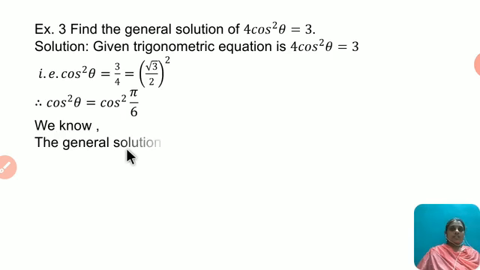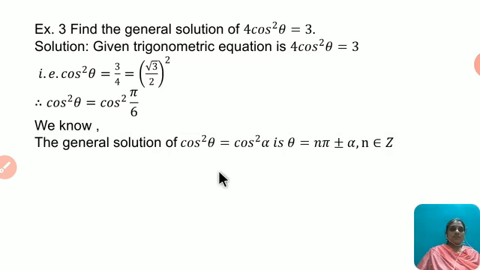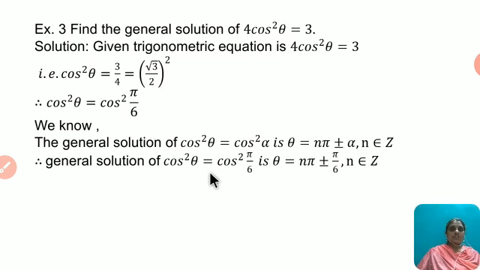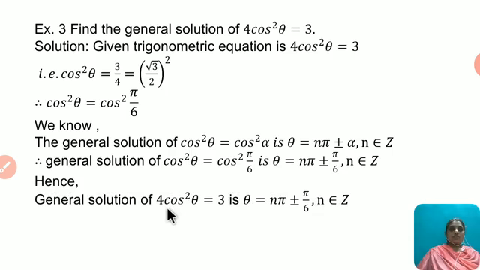We use that theorem here, and it is theta is equal to n pi plus or minus alpha, where n belongs to z, and therefore general solution of cos square theta is equal to cos square pi upon 6 is theta is equal to n pi plus or minus pi by 6, n belongs to z. Hence, the general solution of 4 cos square theta is equal to 3 is theta is equal to n pi plus or minus pi upon 6, where n belongs to z.